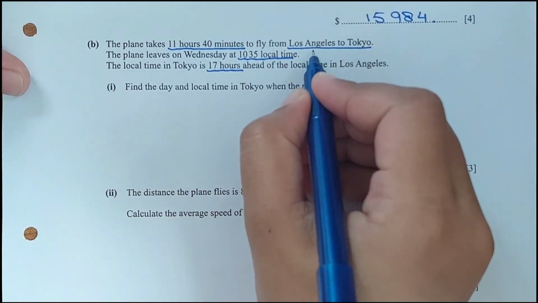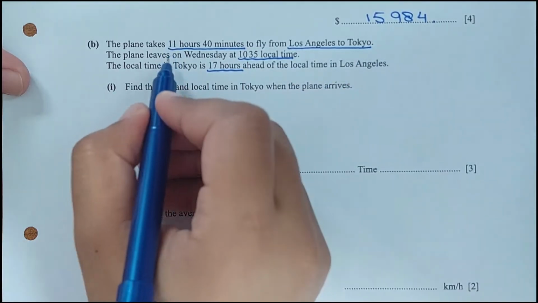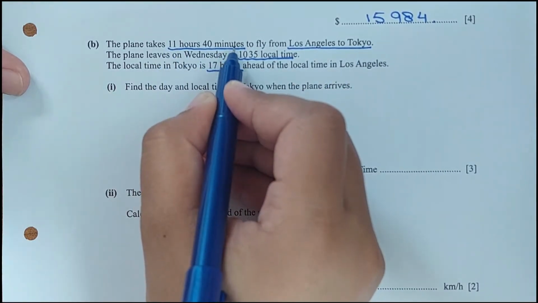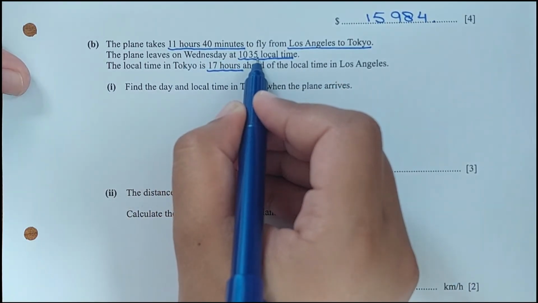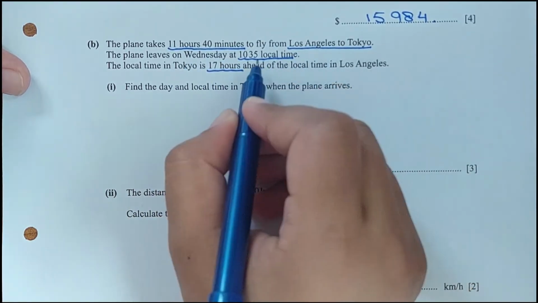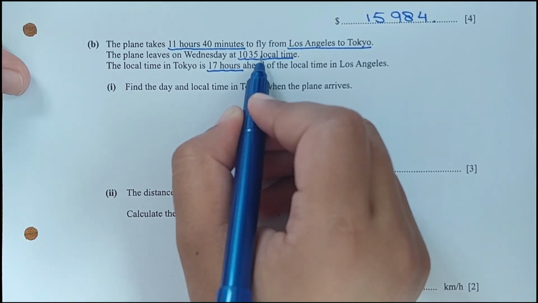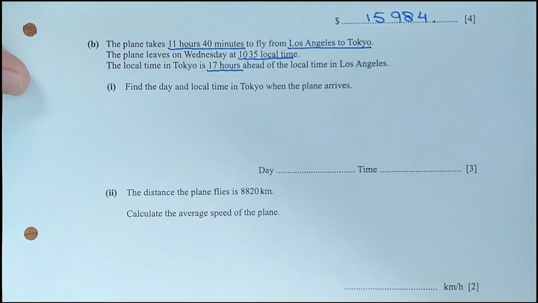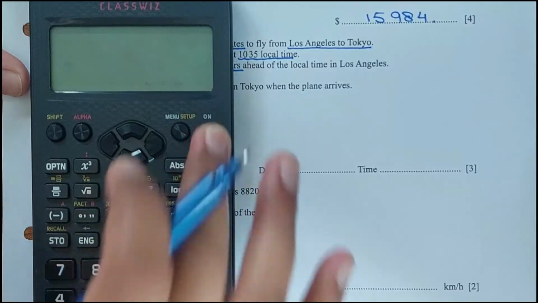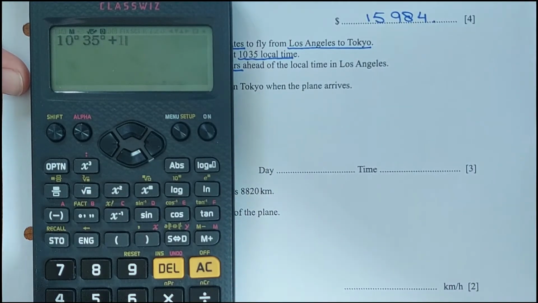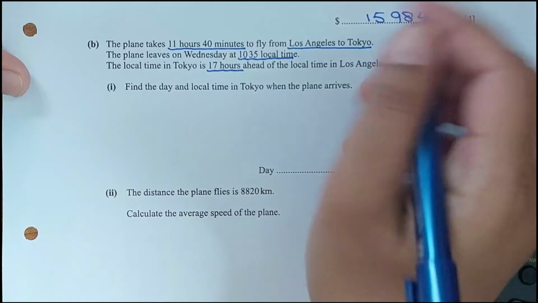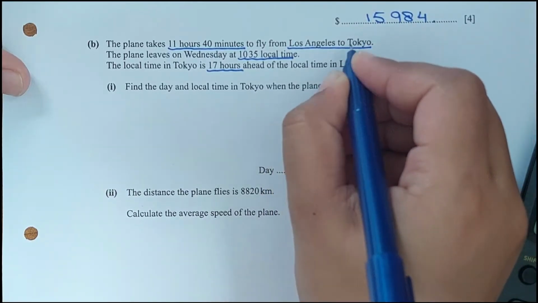So from Los Angeles to Tokyo, the flight is 11 hours 40 minutes. The plane leaves Los Angeles on Wednesday at 10:35. So the time at Los Angeles is 10:35. So what is the time in Tokyo? Which is 17 hours ahead. Okay, so 10 hours 35 minutes, we add 17 hours and subtract 24 hours, which is 3:35 in Tokyo.